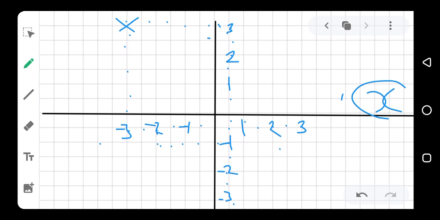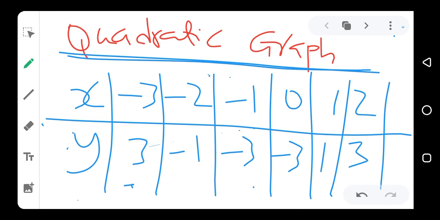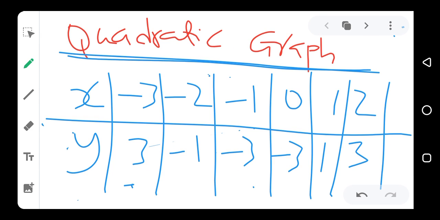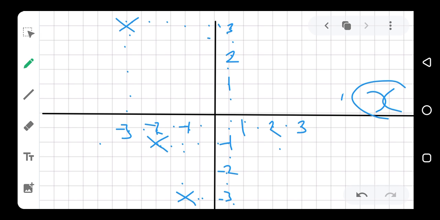So we get to this side, we asterisk it, then we go back to the table, -1 and -3, -1 for x and -3 for y. We asterisk it, then we go back, 0 and -3.